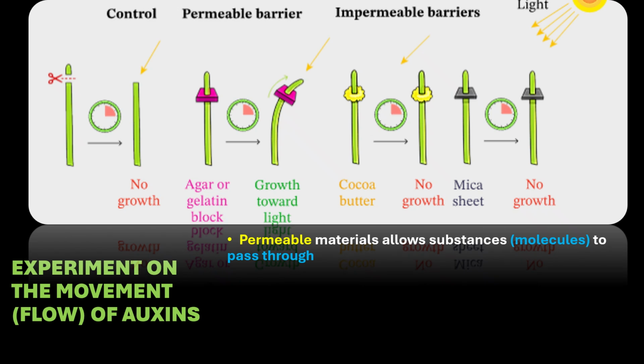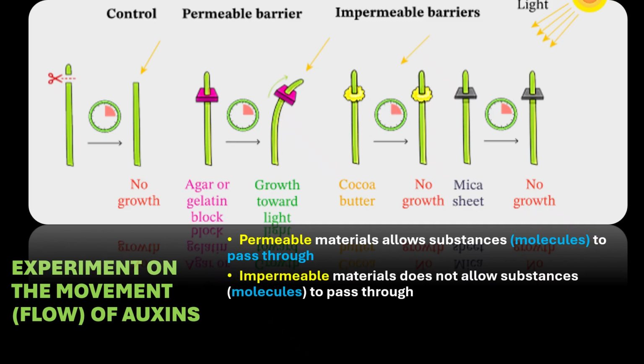You can see there are three experiments here: the control, the permeable barrier, and then the impermeable barrier. A permeable material allows substances such as molecules to pass through. Impermeable does the opposite. It does not allow substances to pass through.